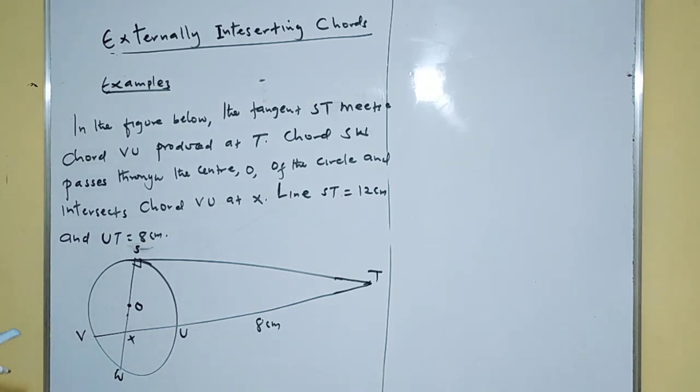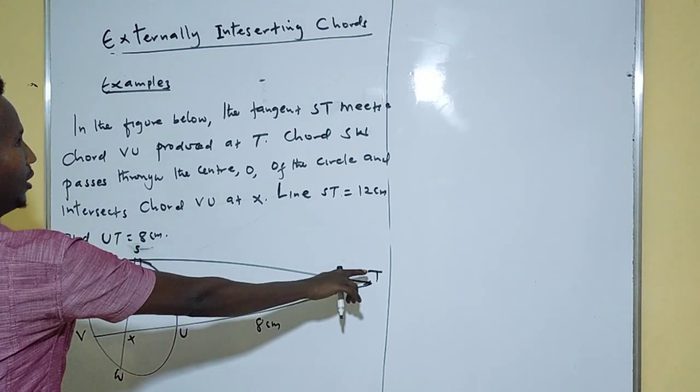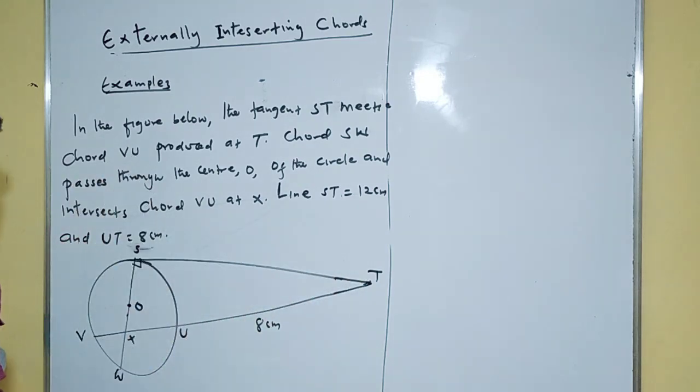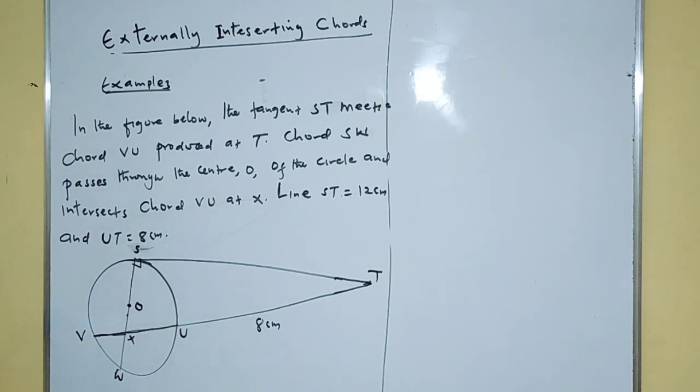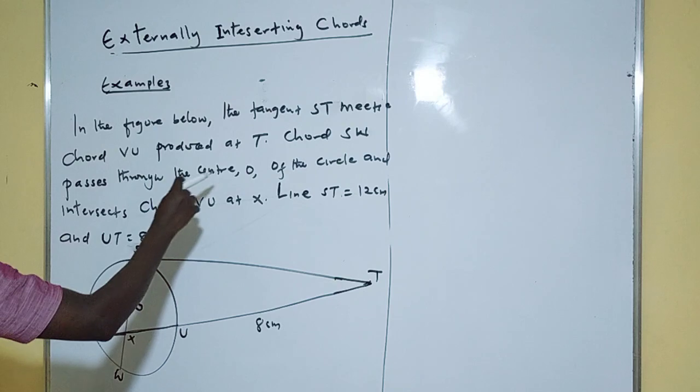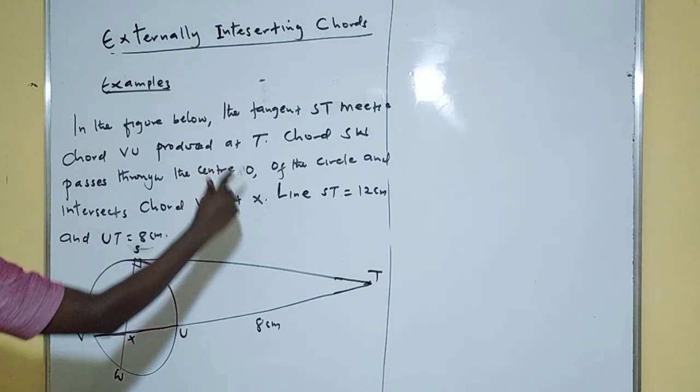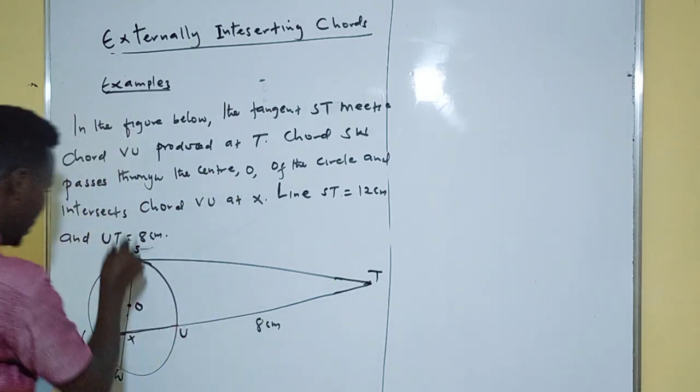So you are told, let's go back. In the figure below, the tangent ST meets chord VU at X. This is the chord. VU produced at T. So now VU produced meets this.